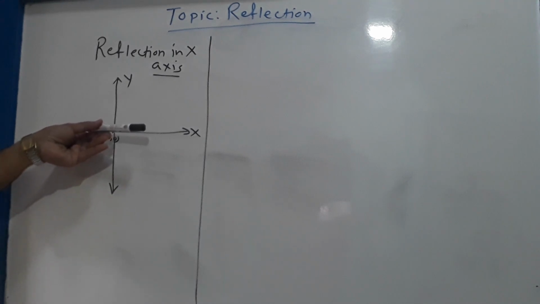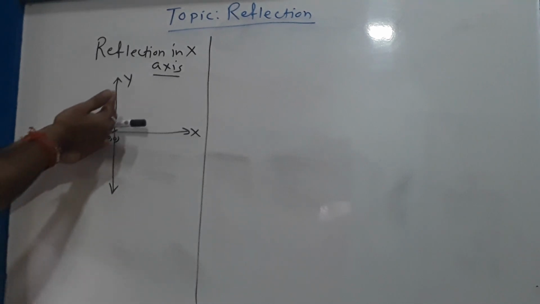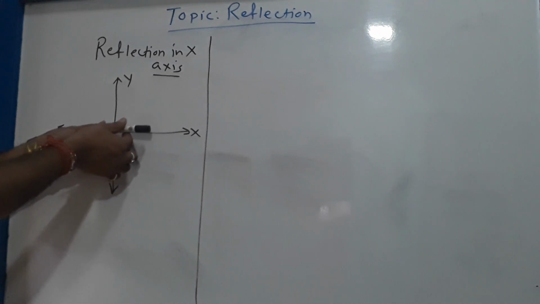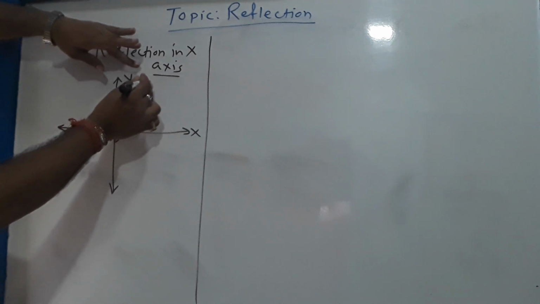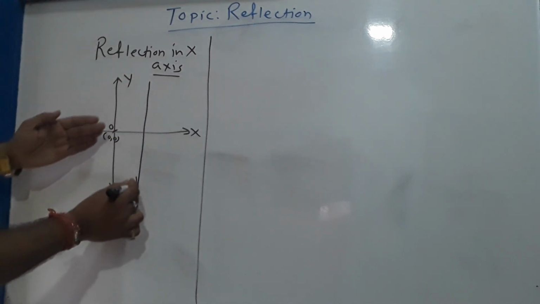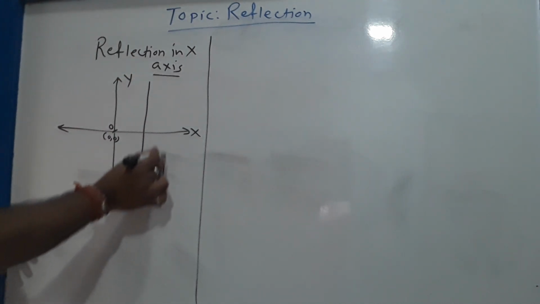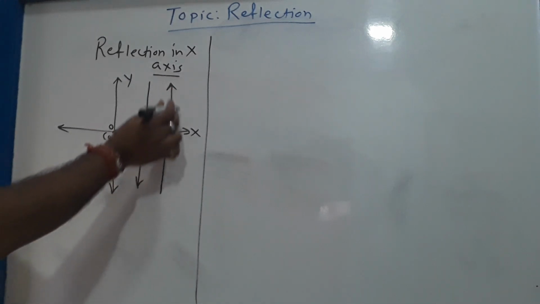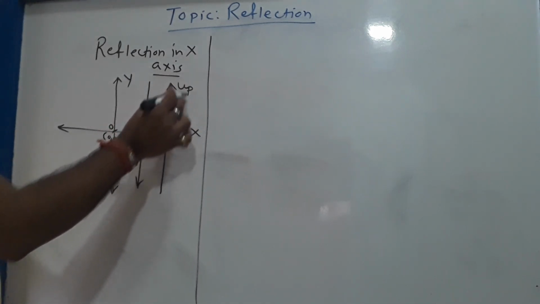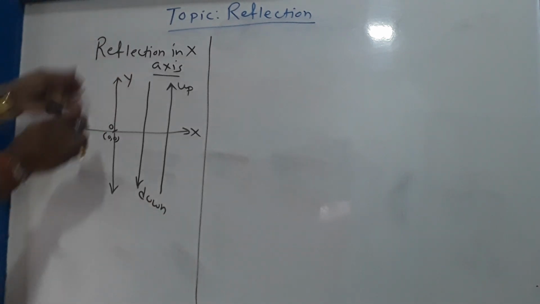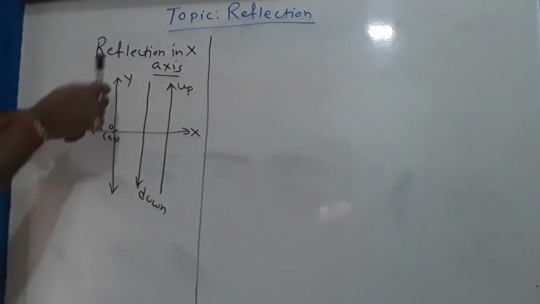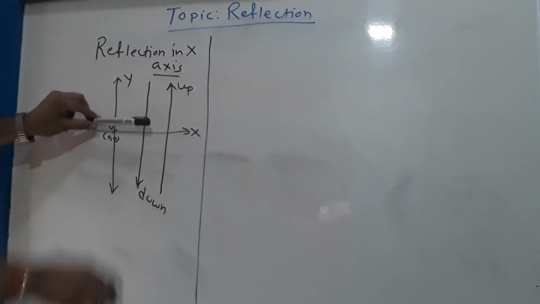Whichever points are there up, they will come down, and whichever points are down, they will go up, because x-axis is fixed.